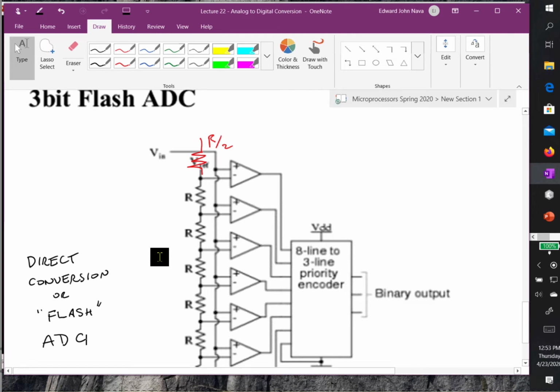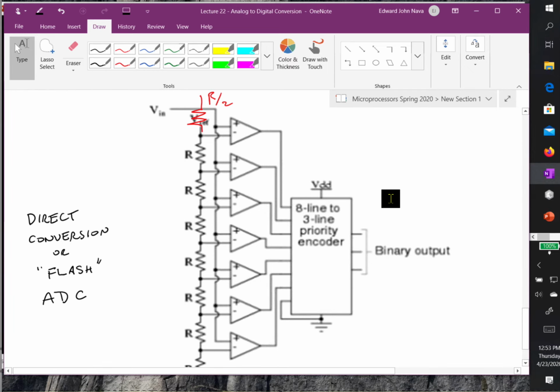So you see that if I'm going to have a very fast direct conversion A to D converter, it's going to take me a lot of circuits. And oh, by the way, they also tend to consume a lot of power, get kind of hot, and so you use them very sparingly for applications where you need very, very fast response.